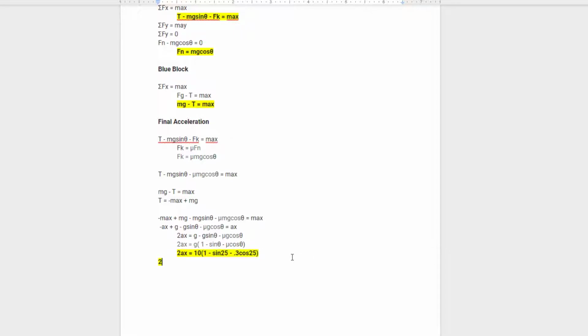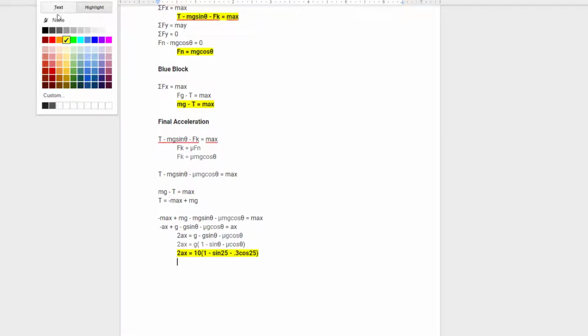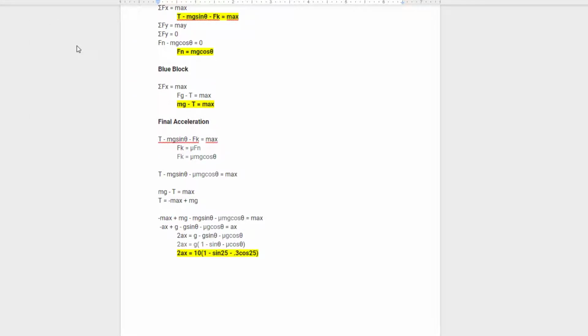So 2ax equals 3.1, divided by 2 to get rid of both. And our final acceleration is 1.53.